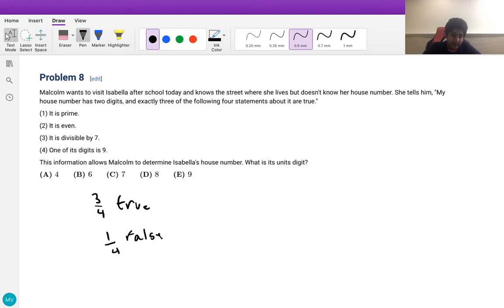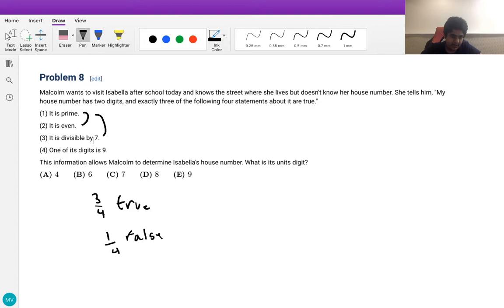Right off the bat, we notice that statement 1 and statement 2 contradict, since there's no even primes besides 2, which only has 1 digit. Additionally, 1 and 3 also disagree, because a number can't be prime if it's divisible by 7, except if it's 7, but the number has 2 digits. Thus, since 1 conflicts with 2 different statements, it must be the false one. Otherwise, there would be more than 1 false statement.